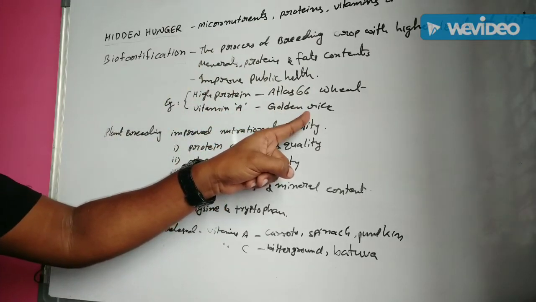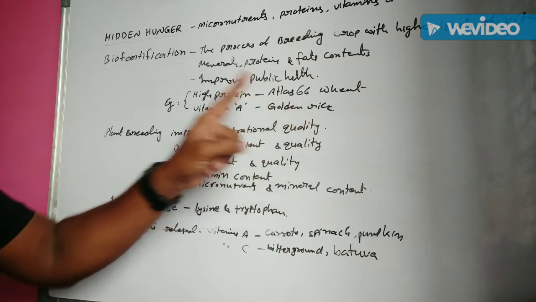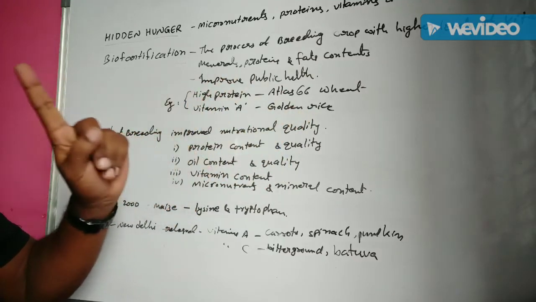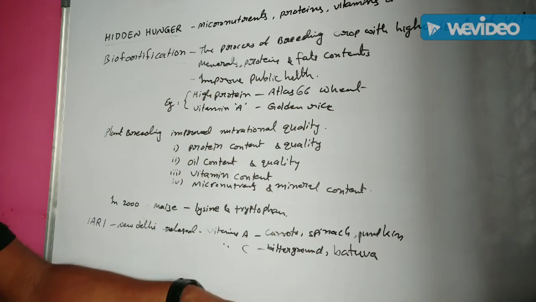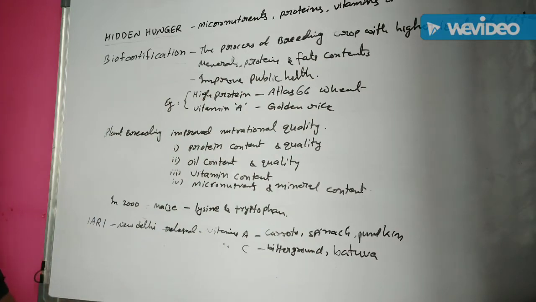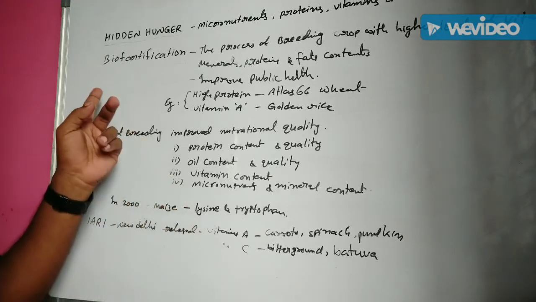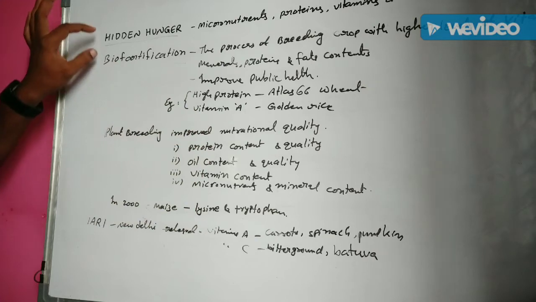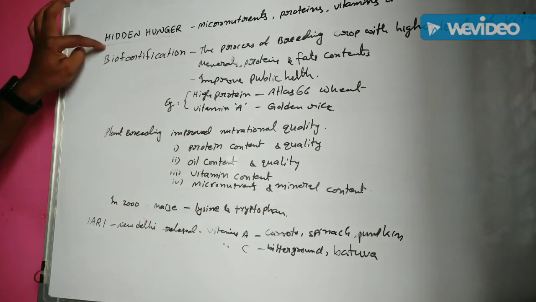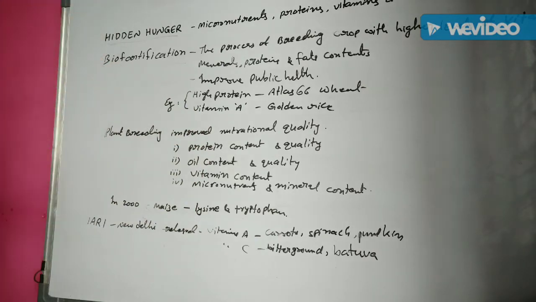It is also one of the biofortification examples. It is rich in vitamin A. In this way, different types of crops from plant breeding, the high yielding variety crops, are helpful to prevent hidden hunger.